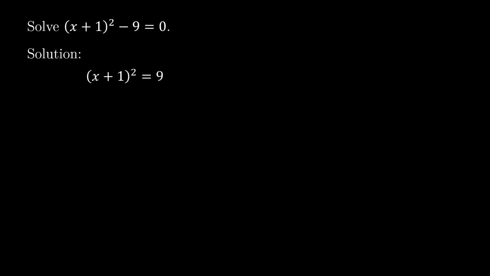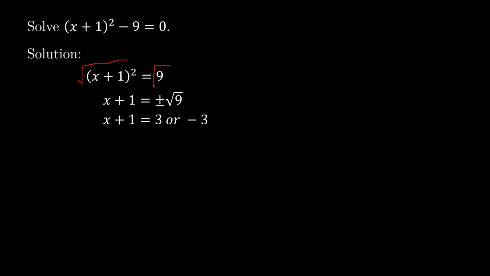Again, let's isolate the negative 9 by adding 9 to both sides. We'll have x plus 1 squared equals 9. Then that's the time that we extract the square root. Simply extract the square root here, then here. So we will have x plus 1 equals positive and negative square root of 9. That is x plus 1 equals 3 or negative 3.